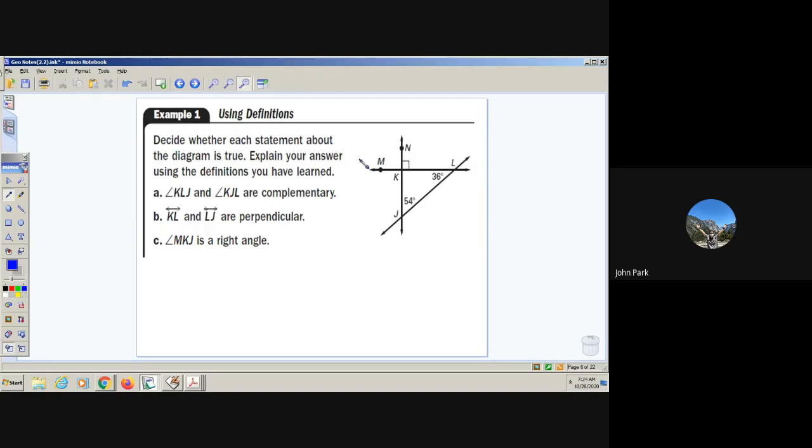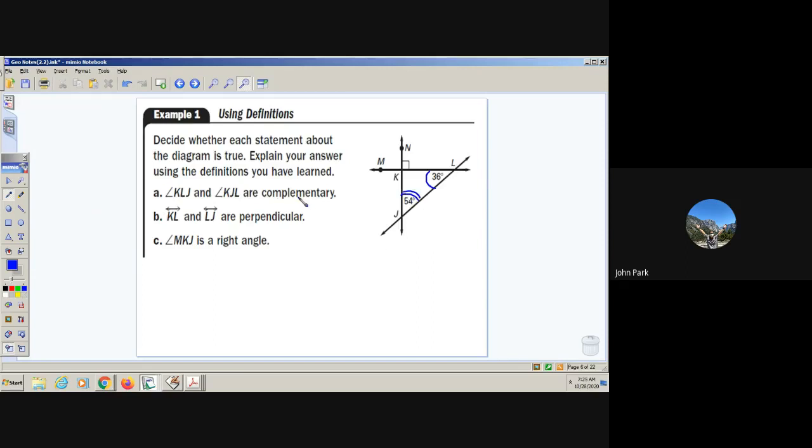This should be kind of easy. We're just looking at the picture and determining whether these statements are true. Here, angle KLJ is this angle right there, and that's 36 degrees. Angle KJL is this angle here, which is 54 degrees.